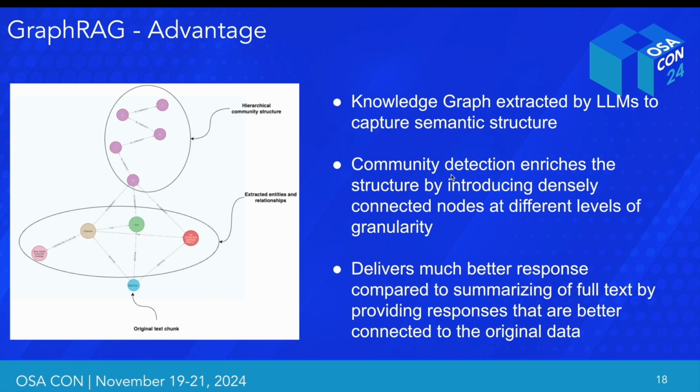So as a whole, these knowledge graphs capture the semantic structure of the unstructured text by creating these communities. And while responses are provided back to the user, these communities provide the relevant knowledge that's needed to answer this question, rather than a summary of the full text.